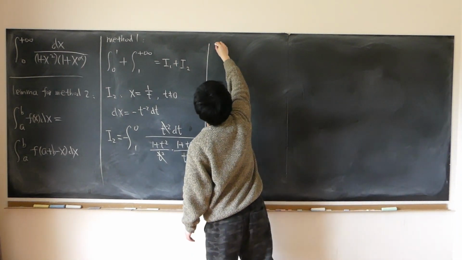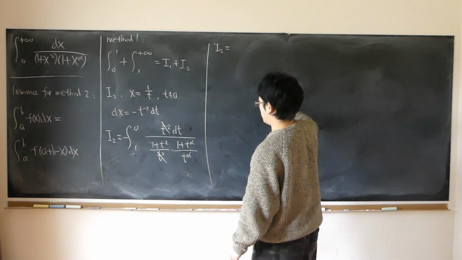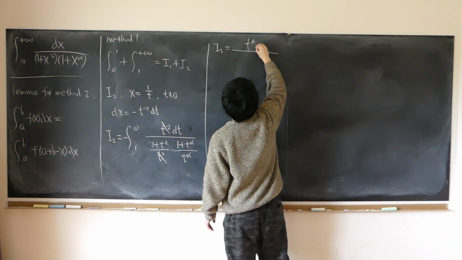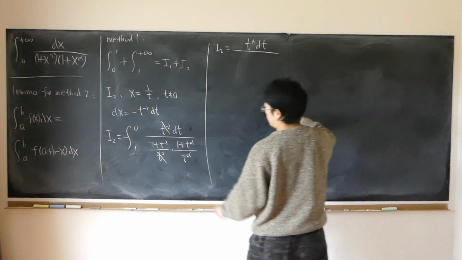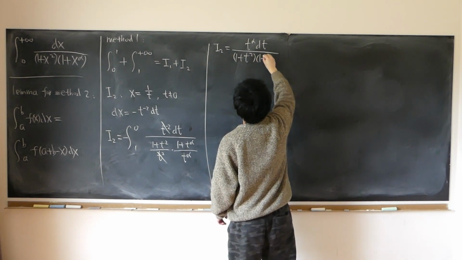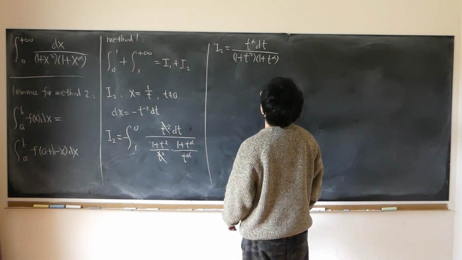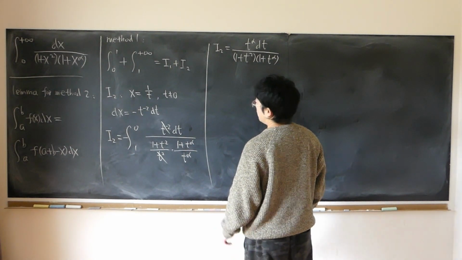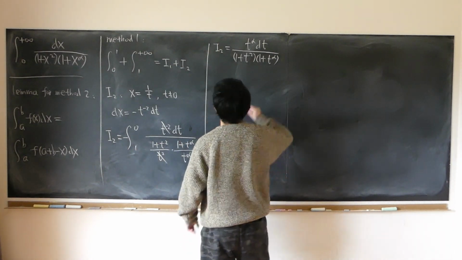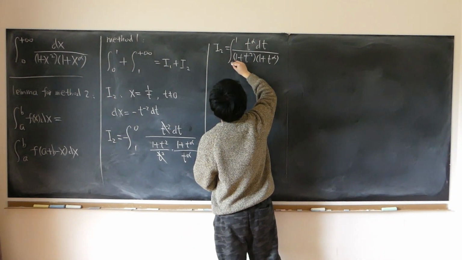I2 is now, on the top, t to the power of alpha dt, and on the bottom, 1 plus t squared times 1 plus t to the alpha. Change the boundaries and get rid of the minus sign, so it's from 0 up to 1.